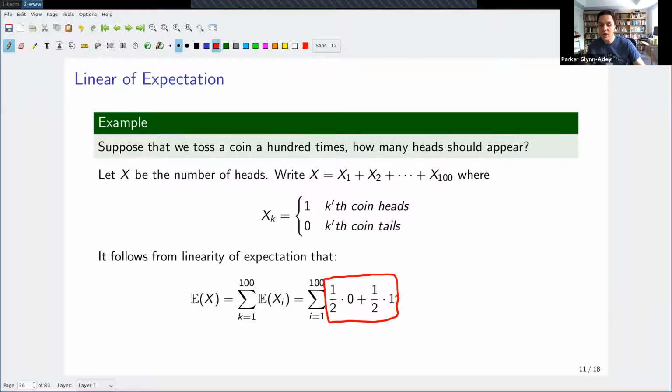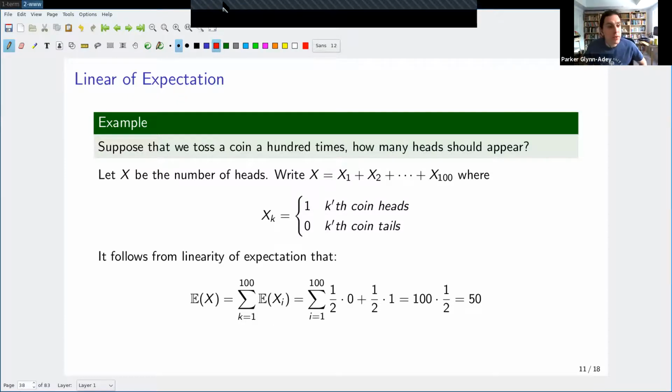Half the time it's 0, half the time it's 1. So much nicer. Linearity of expectation lets us split up this complicated thing into a bunch of really simple things.